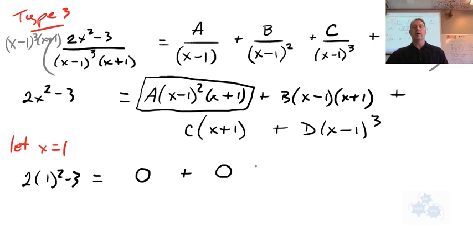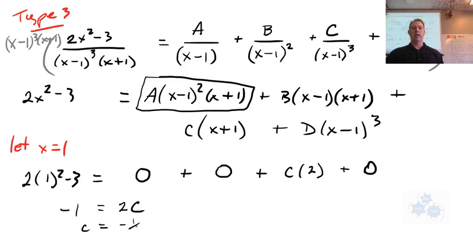But now we have C times (1 plus 1), which is 2, plus D times, look at that, that's gone too. The only constant left in this new equation, by doing one simple substitution, is C. So this is 2 minus 3, that's negative 1, equals 2C. So C equals negative 1/2.